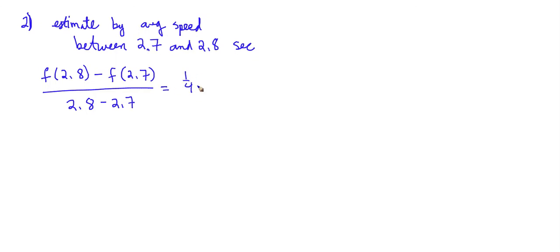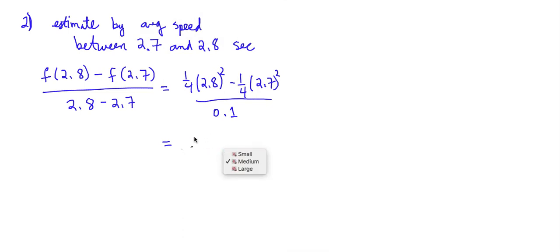So this is 1/4 times 2.8 squared minus 1/4 times 2.7 squared, all divided by 0.1. And once we do that computation, we get 1.375, which is wonderful. Now, it's not a perfect answer, but it's probably better than what we had before.